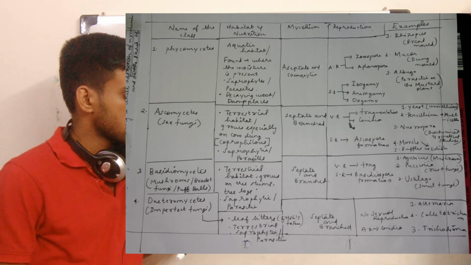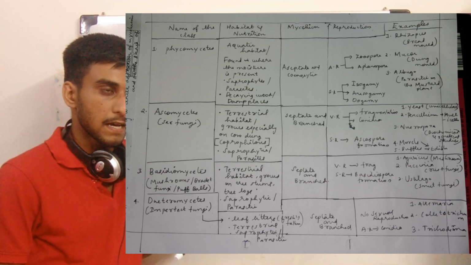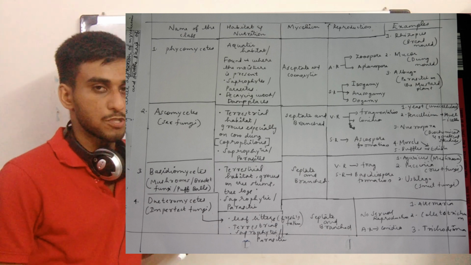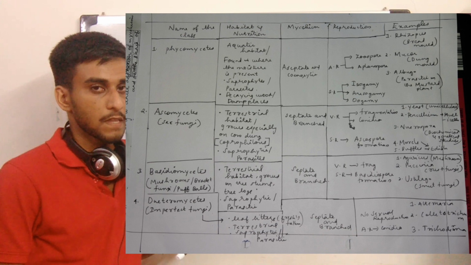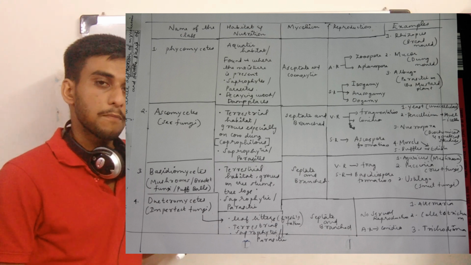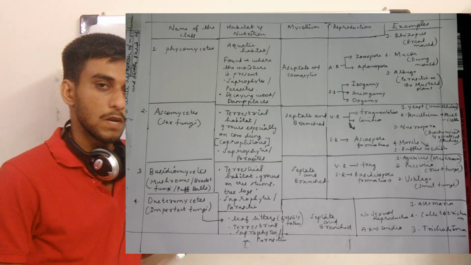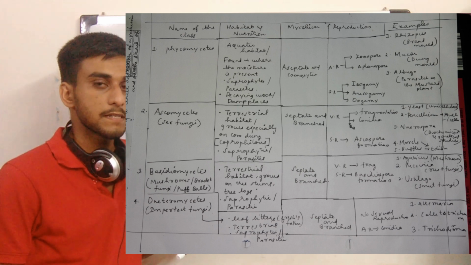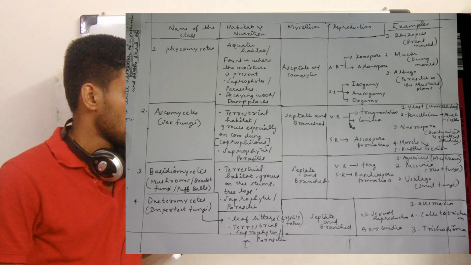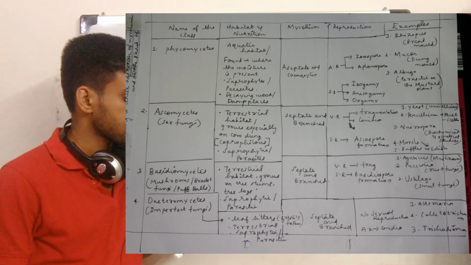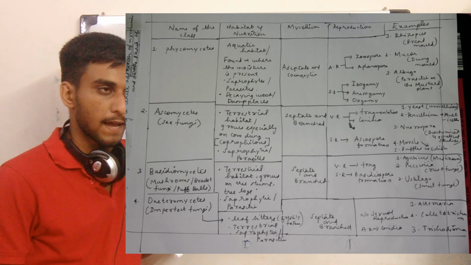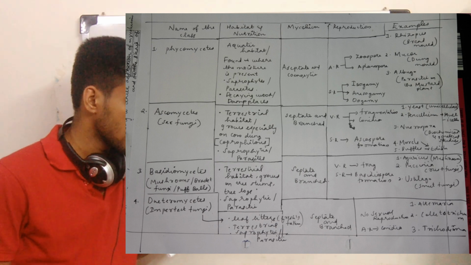Now talking about its mycelium, they have a septate and branched mycelium. Septate means they have septa. I also mentioned that septa may be classified into three types: dolipore, simple pore, and complete septa. For reproduction, they have simple fragmentation in vegetative reproduction.